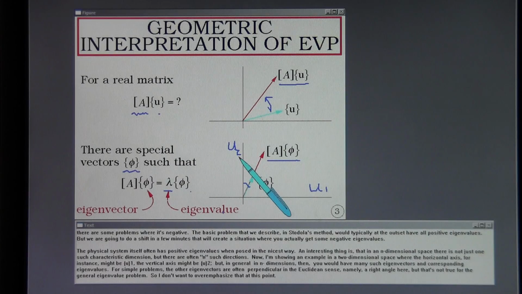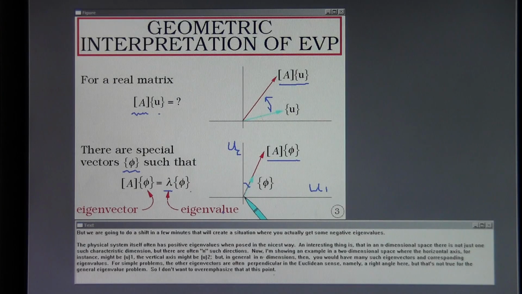But in general, in n dimensions, then, you would have many such eigenvectors and corresponding eigenvalues. For simple problems, the other eigenvectors are often perpendicular in the Euclidean sense, namely a right angle here. But that's not true for the general eigenvalue problem, so I don't want to overemphasize that at this point.